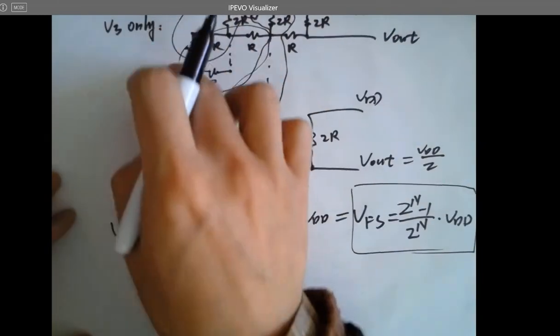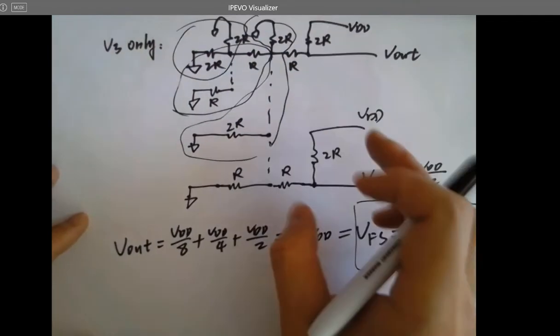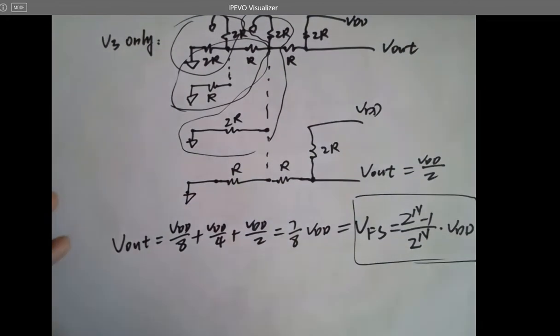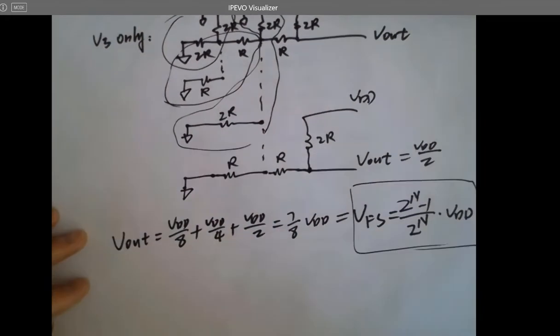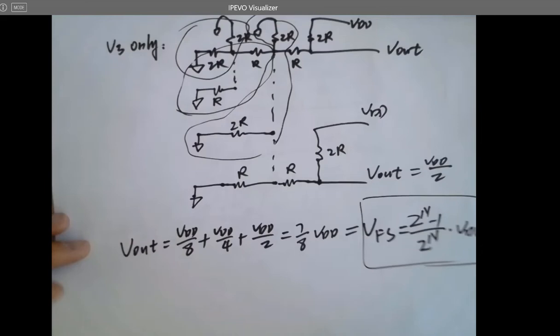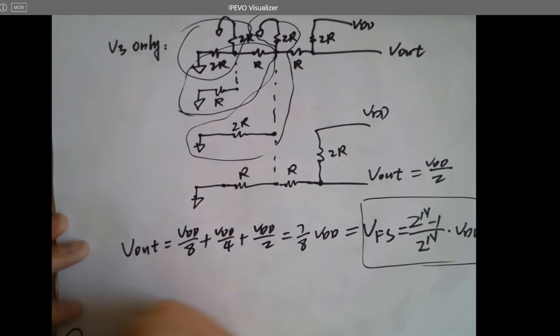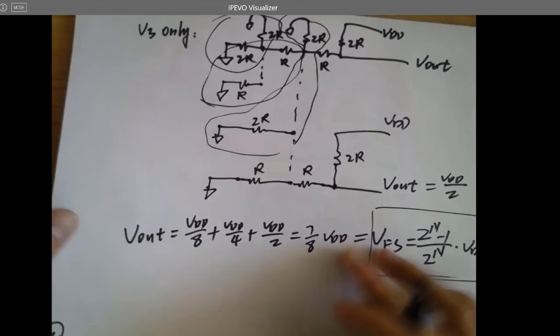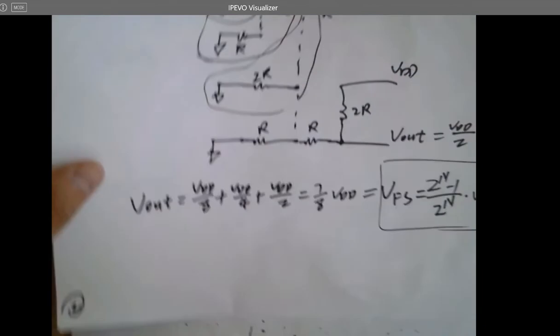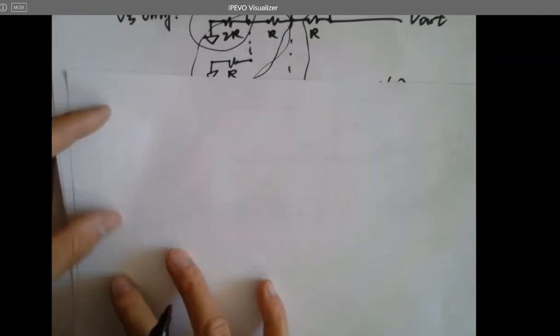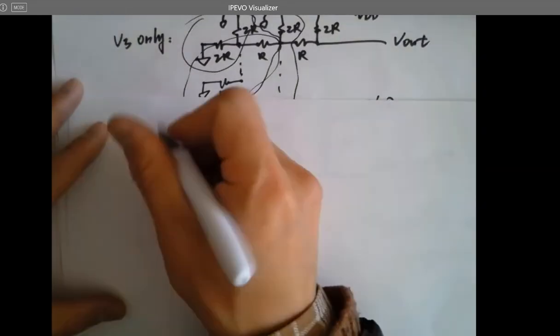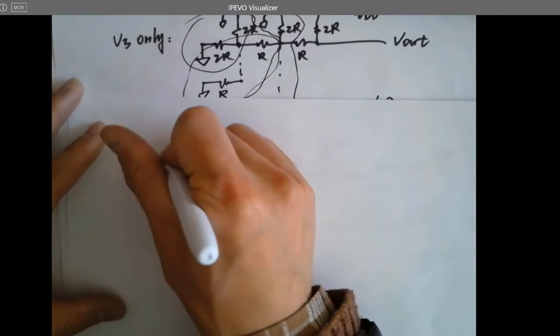That's for this R-2R ladder. But if you connect this thing to an op-amp, what is going to happen here? Just short it to an op-amp, like what we drew on Wednesday. So which is this.